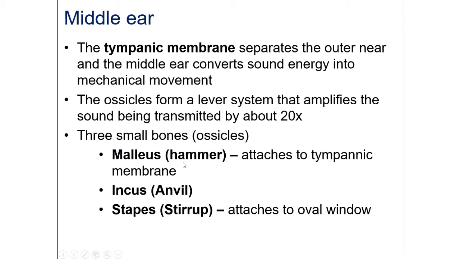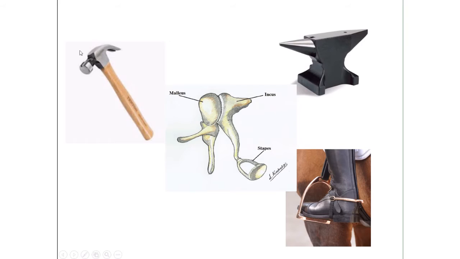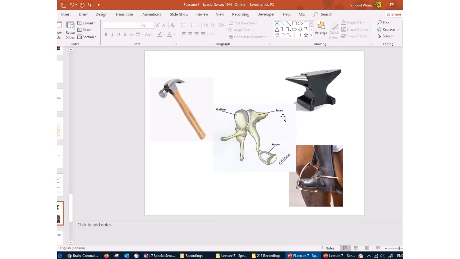So the malleus looks like a hammer, the incus looks like an anvil, and the stapes looks like a stirrup. Anvil is the thing that the blacksmith uses to forge various stuff, I guess. And a stirrup is the thing that you put your feet on when you ride a horse or when you give birth in some cases.